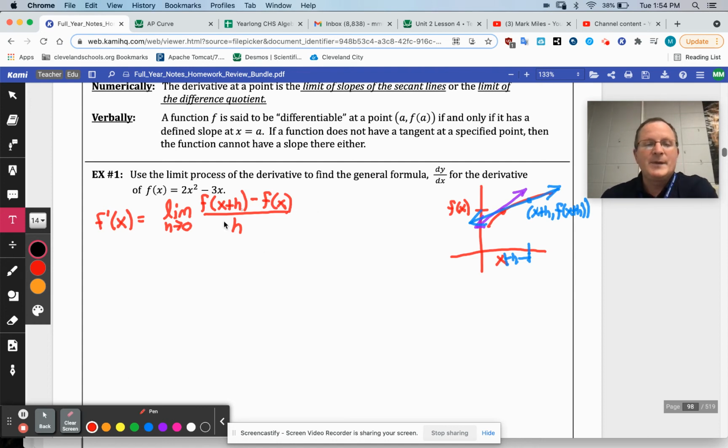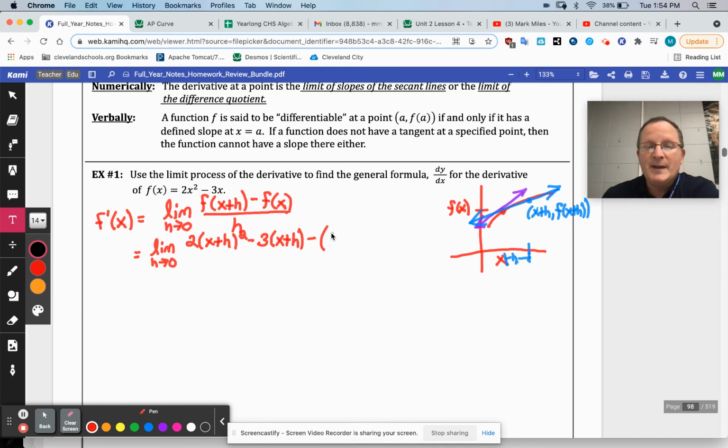For this particular one, it's going to be the limit as h approaches 0. And f of x plus h would be 2 times x plus h squared, minus 3 times x plus h, and then minus the function itself.